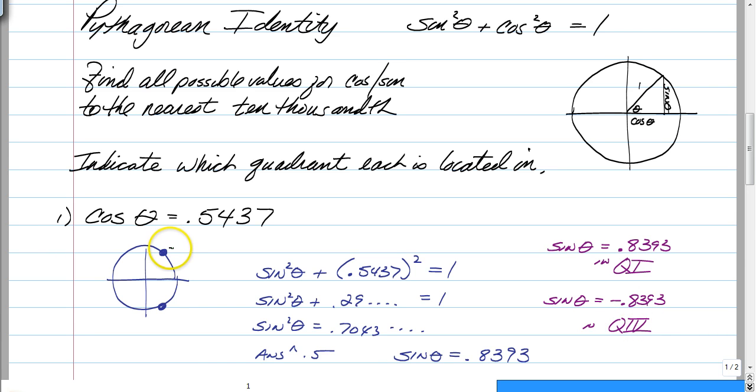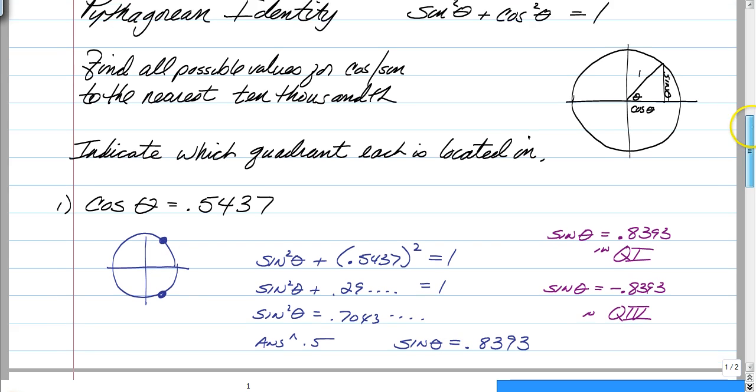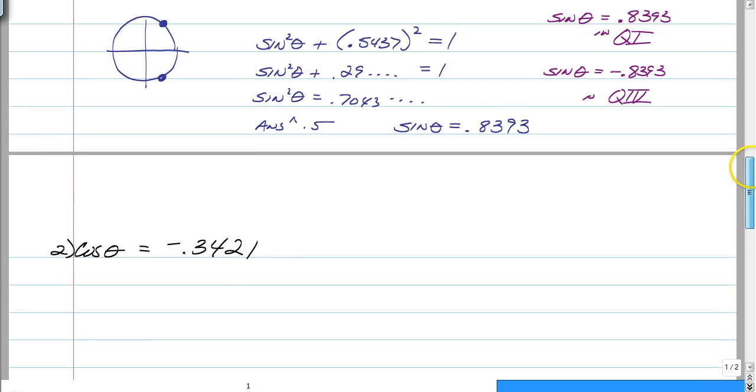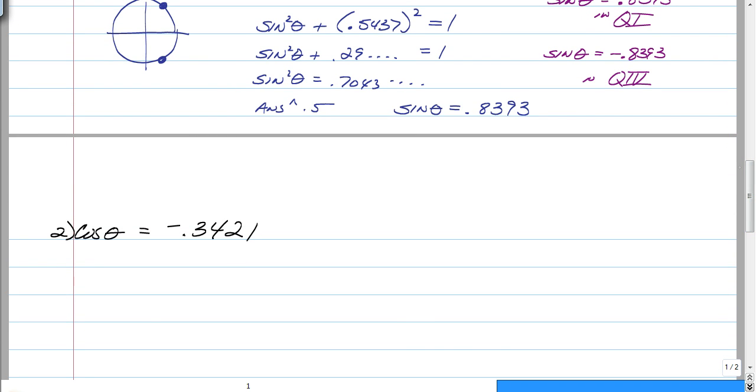Because if you think about it, sine is positive in quadrant 1 and it's negative in quadrant 4. So the original problem determines which quadrants you're going to be in. The Pythagorean identity will tell you the answer for both those quadrants. Okay? So I did an example for you. You get to try example number 2, and then we'll try it with sine.